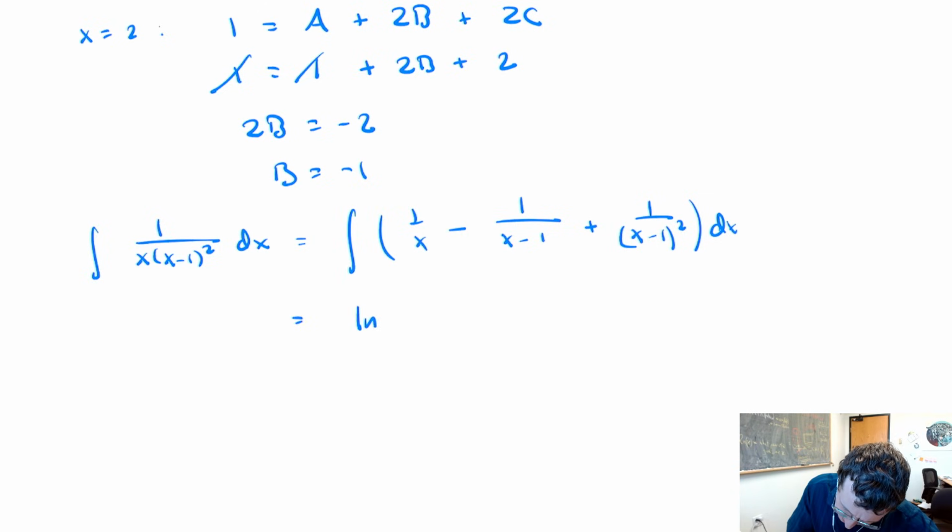So that's ln of the absolute value of x, don't forget those absolute value signs, minus ln of the absolute value of x minus 1, minus 1 over x minus 1, plus c.